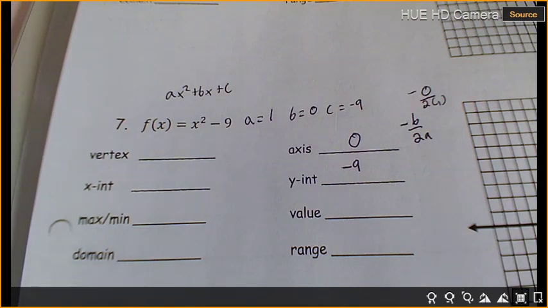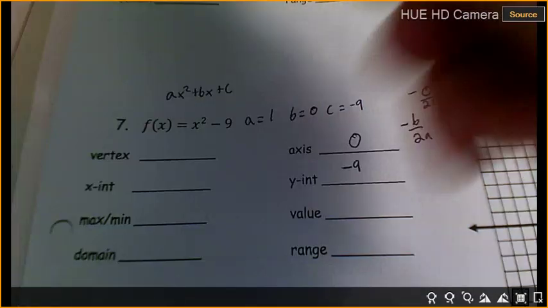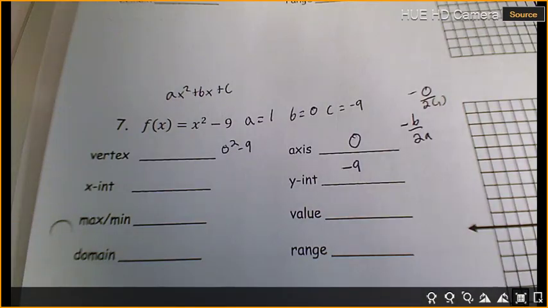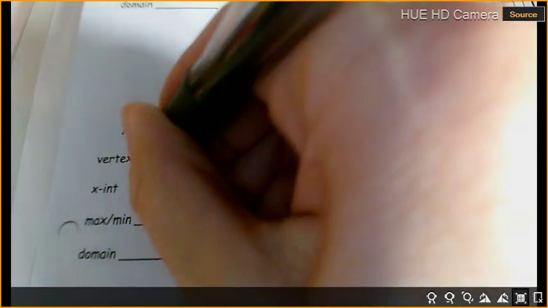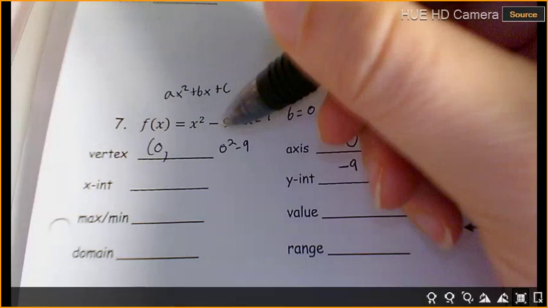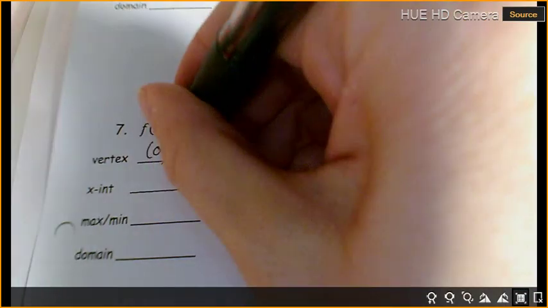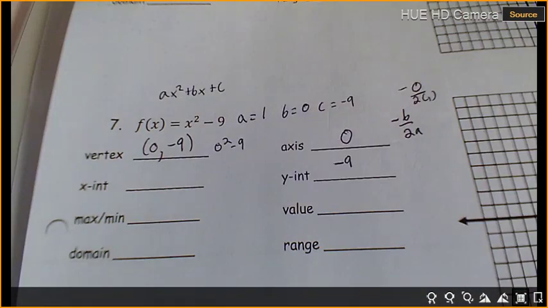So far, so good? Okay, vertex, we're going to go 0 squared minus 9. What's my y vertex going to be? 0 minus 9 is -9. Again, just plug that into your calculator. 0 squared minus 9.